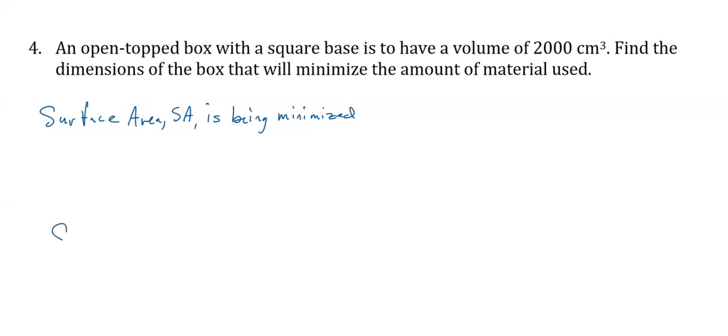What is the formula for surface area? A box is, actually, I'm going to draw it first. A box is like a rectangular prism, right? Now this says square-based, which will be useful, but I'm not even going to worry too much about that right now.